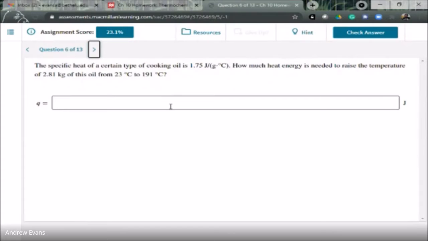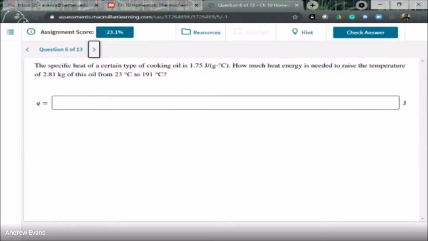Q equals mc delta T. So C is 1.75 joules per gram Celsius. Mass is 2.81 kilograms. And temperature would be from 23 to 191.